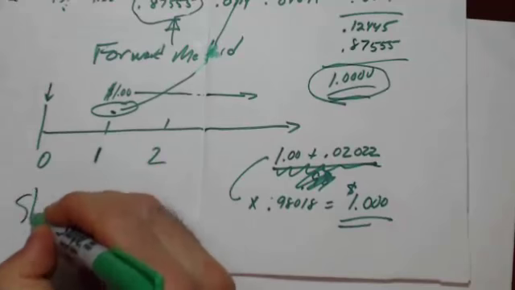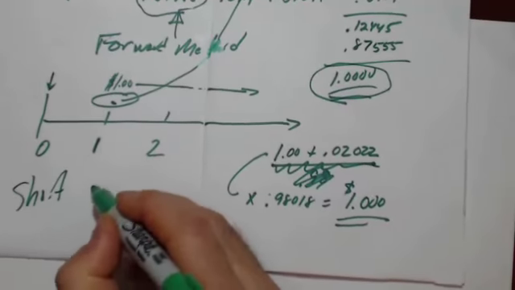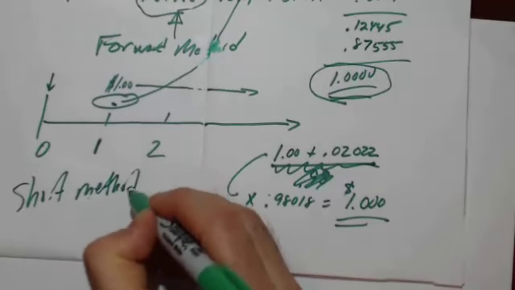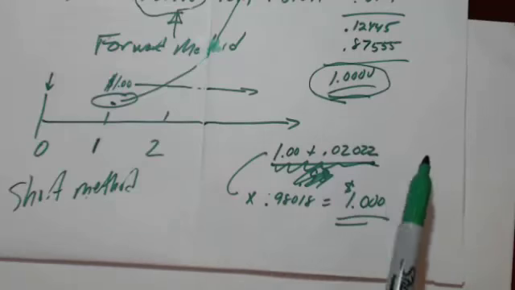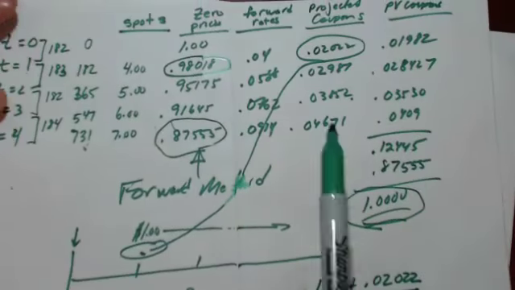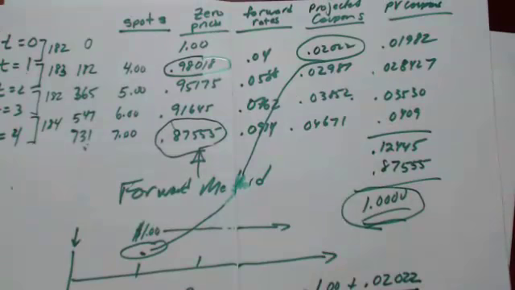So I just showed you the short method. Again, you can do the short method in only a couple of quick steps, but you really can't see the intuition of this until I show you the forward method, which is a little bit more involved.